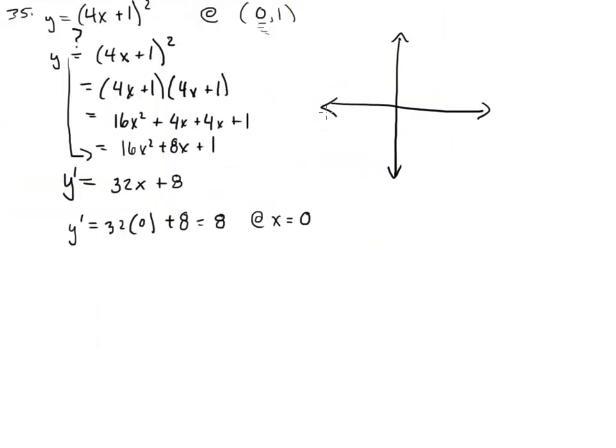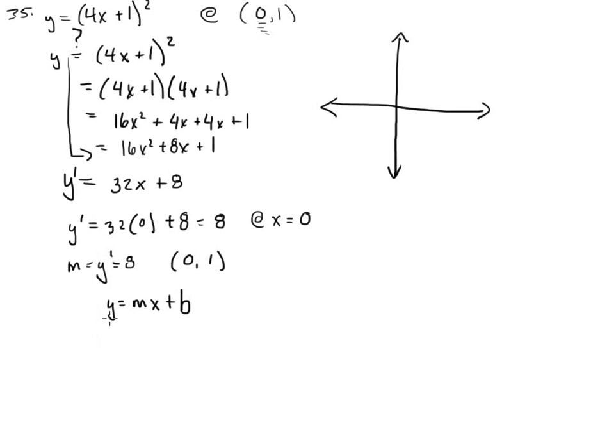So we have our slope, which is equal to our derivative at that point, 8, and our xy point, which is 0, 1. A line that goes through 0, 1, and they get the 1 by putting a value of x equal to 0 into this equation and figuring out what y would have to be equal to. We know that our line is y equals mx plus b.